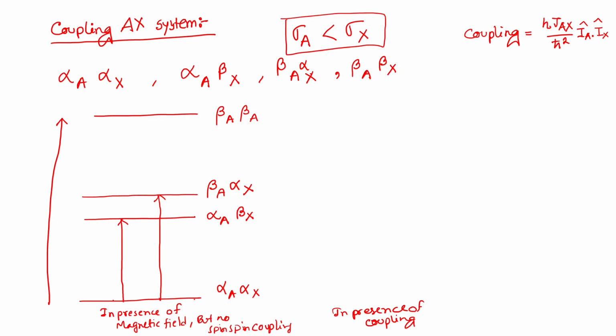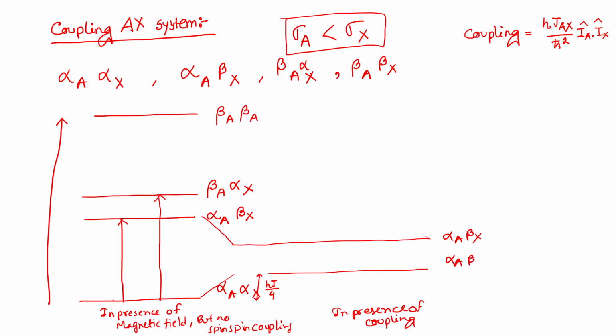What you are going to see is that this state is going to be destabilized by some amount, that is hJ by 4. Alpha A alpha X and beta A alpha X are going to stabilize by the same factor, hJ by 4.